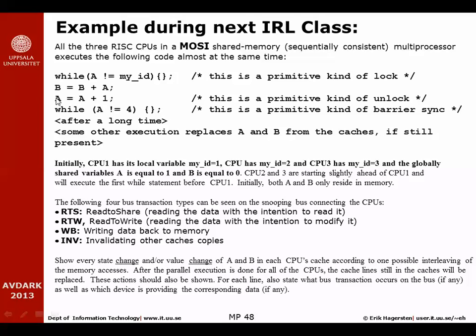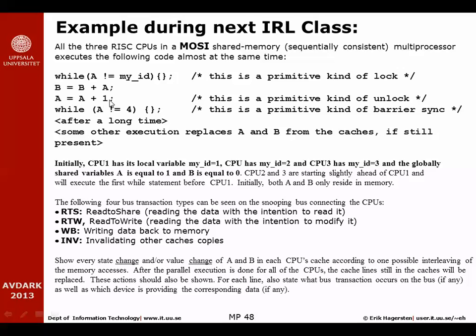Incrementing the value of A will make CPU2 very happy, because now CPU2 will fall out of this infinite loop up here. It will execute these two statements while CPU3 is still spinning up here, and then increment the value of A once more.